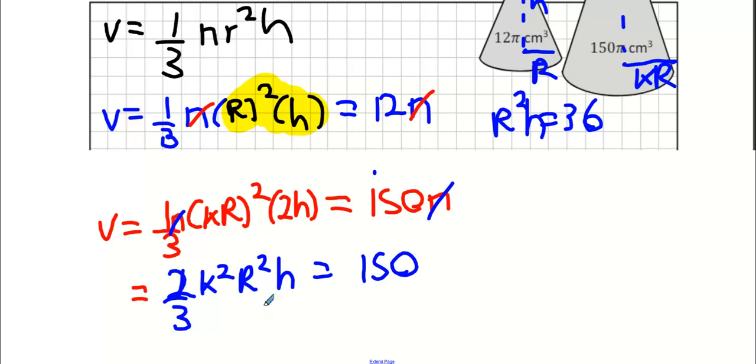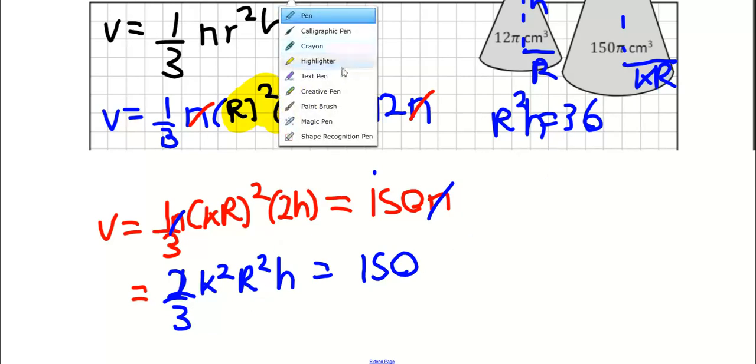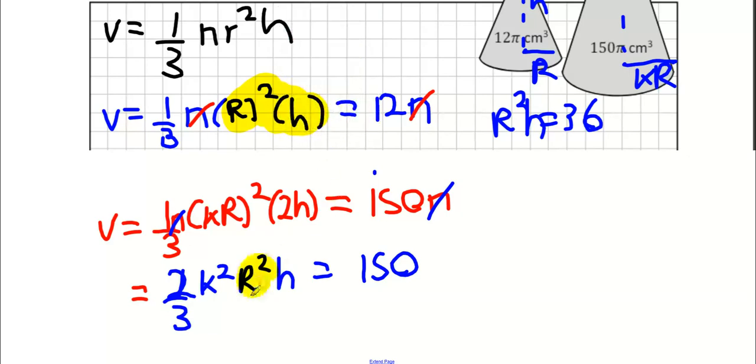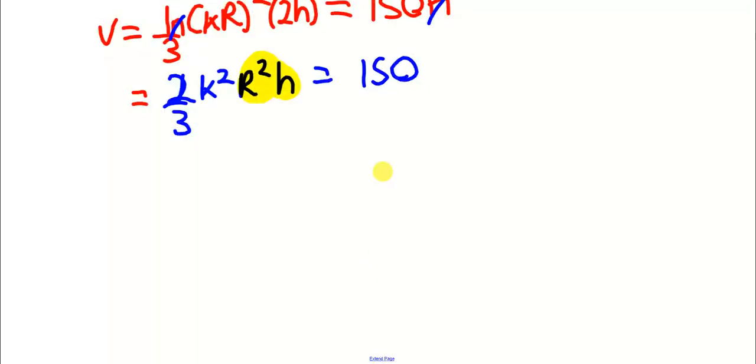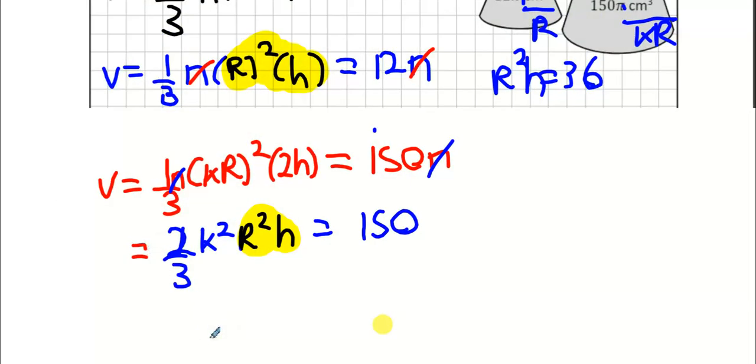Now, what can I do with this r squared h? Replace it with 36. And then I think I'm in business, because it's going to be 2/3 of 36. Don't forget your k squared equals 150.